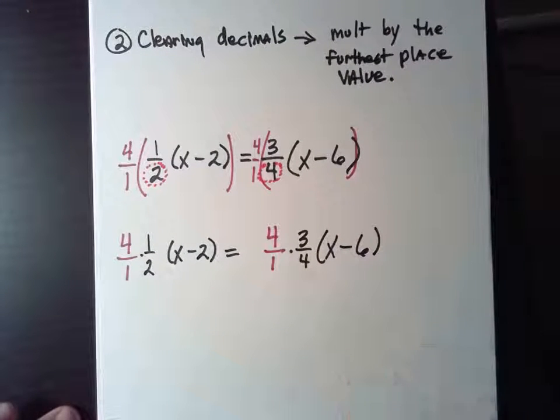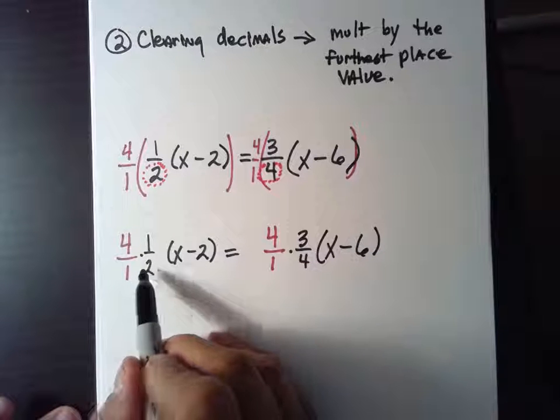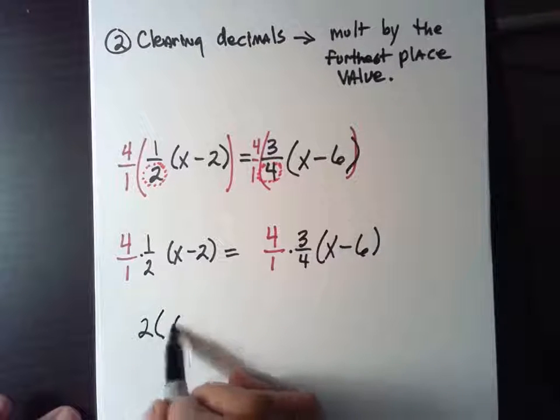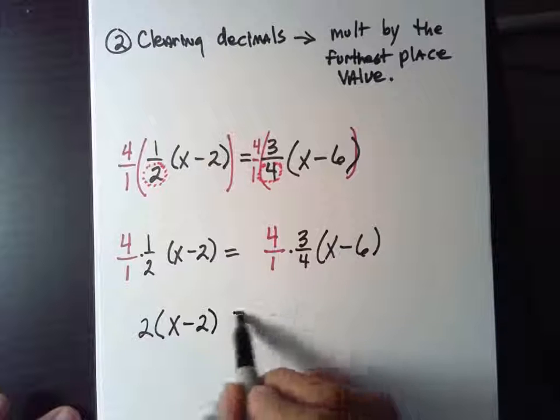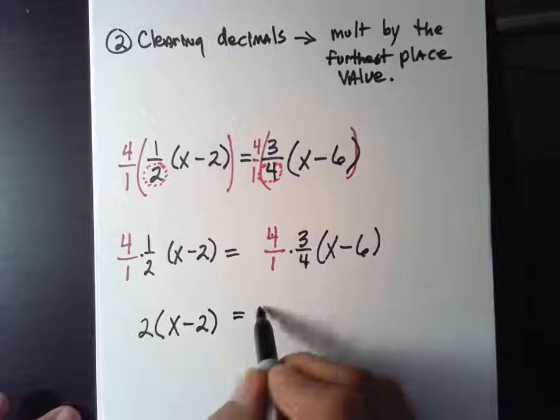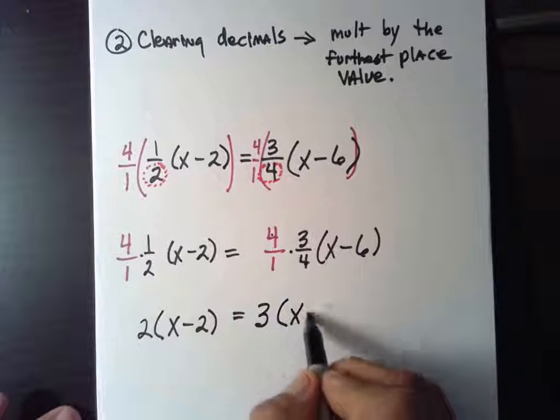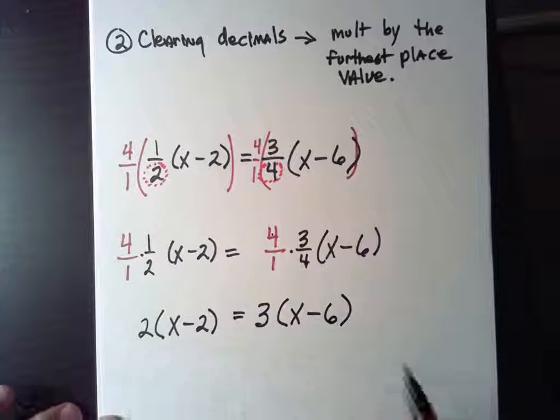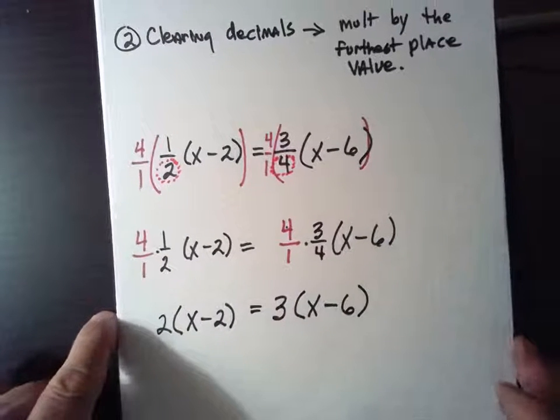The magic. 4 divided by 2 is what? 2. 4 divided by 4 is 1 times 3 is 3. And look at there. You have a nice pre-algebra problem that all you have to do is bust up the blocks.